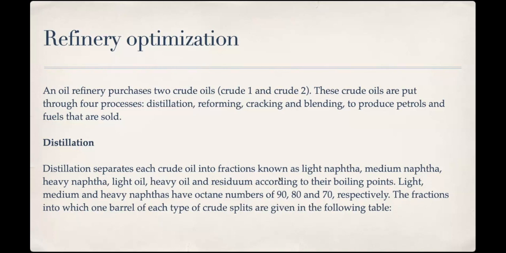Okay, and these are separated according to the boiling point. So you see that light naphtha is the lightest component, right? Lightest stream. Okay, then medium naphtha, heavy naphtha, and light oil, heavy oil, and the heaviest, it's residue.